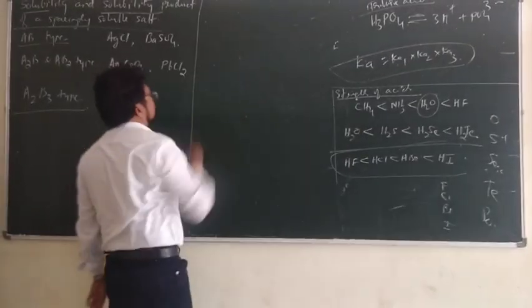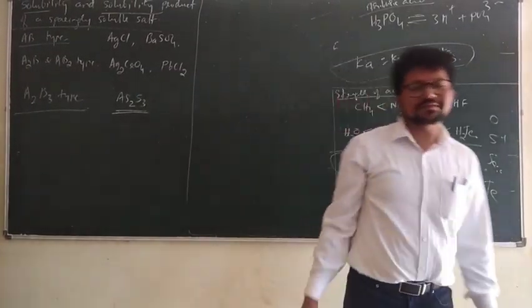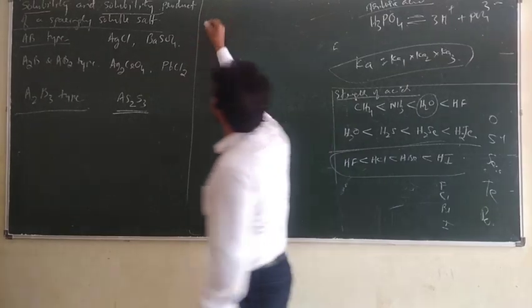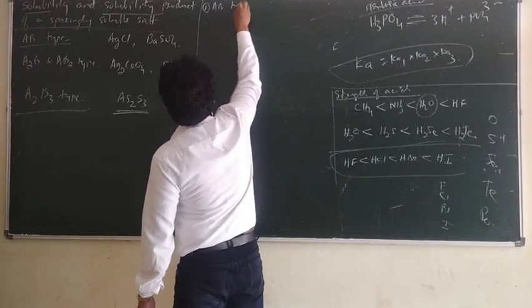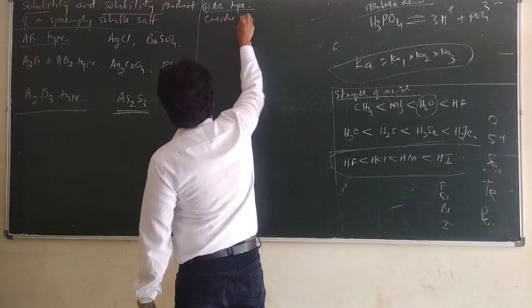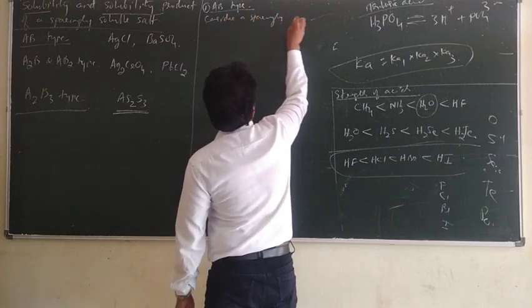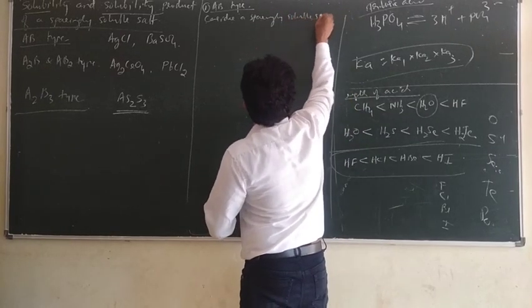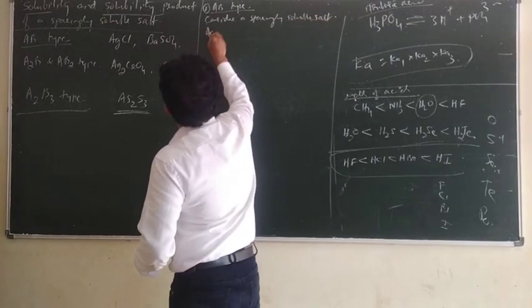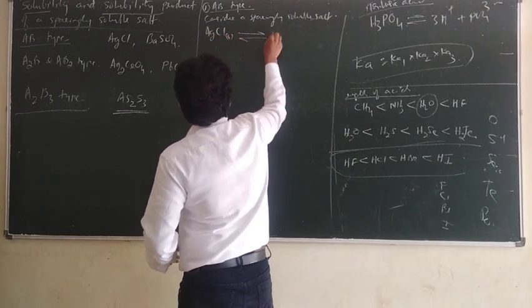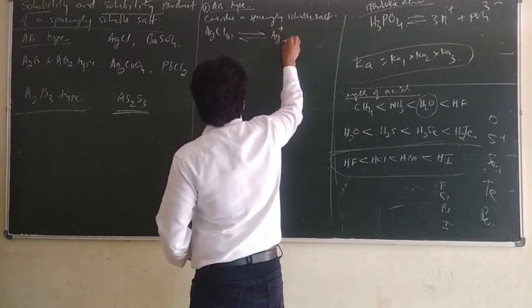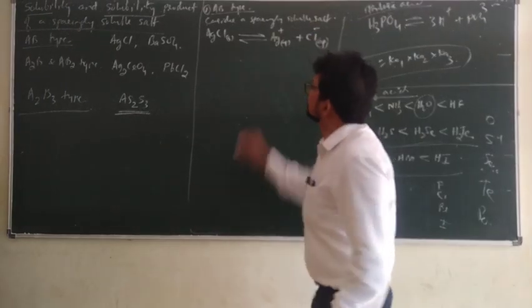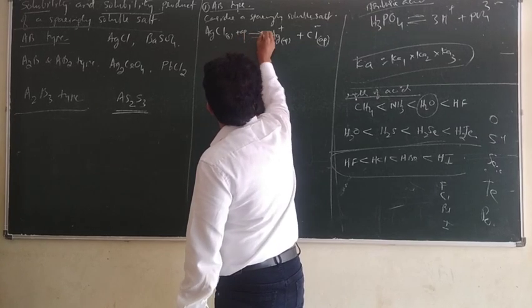Again, what is solubility product? It is an equilibrium constant. Let us start with the AB type. Consider a sparingly soluble salt, AgCl solid, which gives Ag plus in the solution plus Cl minus in the solution.